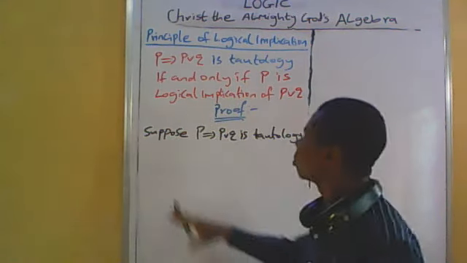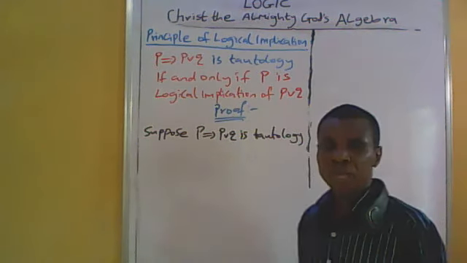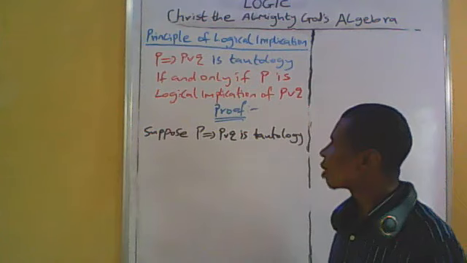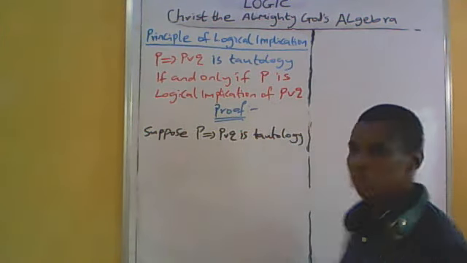We assume that this statement P implies P or Q is a tautology, and that is our hypothesis. From there, we are going to prove that P is a logical implication of P or Q.